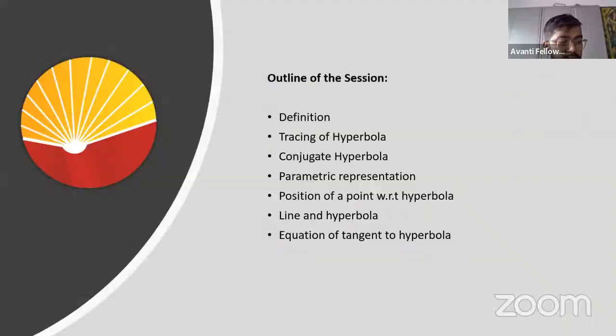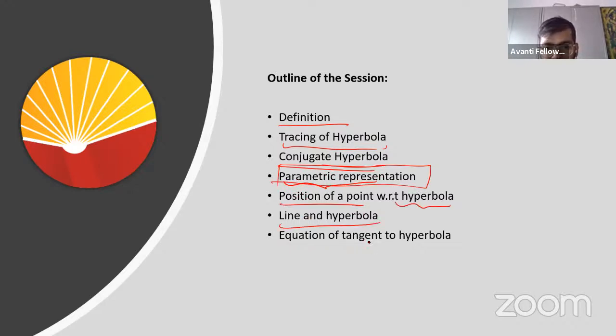So for today, we will be studying all about these topics. First of all, we will be looking at the definition, and then we will be trying to trace the hyperbola. Then we will be finding the conjugate hyperbola. Then we will try to represent it in parametric form, the coordinates of hyperbola, position of a point with respect to hyperbola, line and hyperbola, equation of tangent to hyperbola.